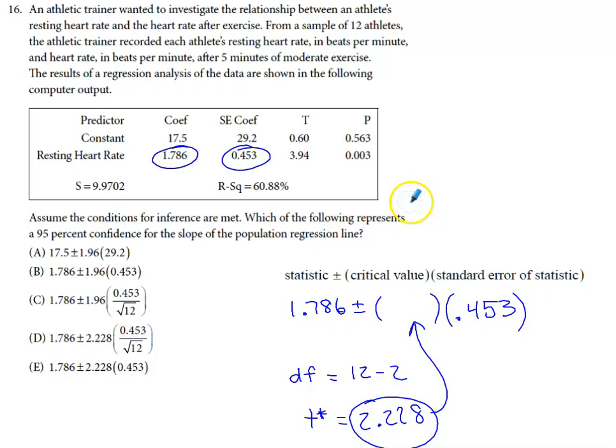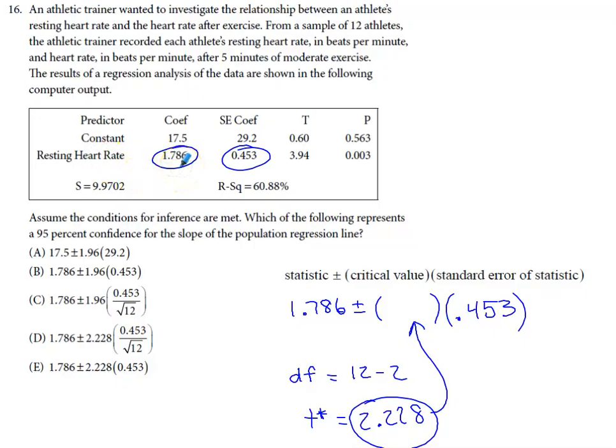From this computer output, across this bottom row we have resting heart rate, the coefficient of resting heart rate, that would be the x variable here. The constant is the y-intercept of our least square regression line. The resting heart rate is what they're using as the variable x in this particular case.